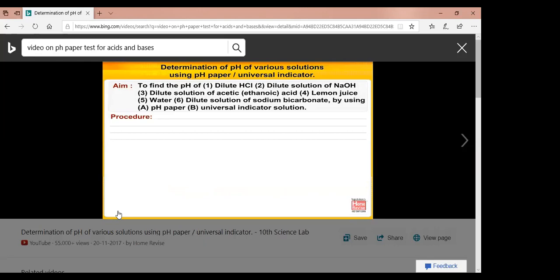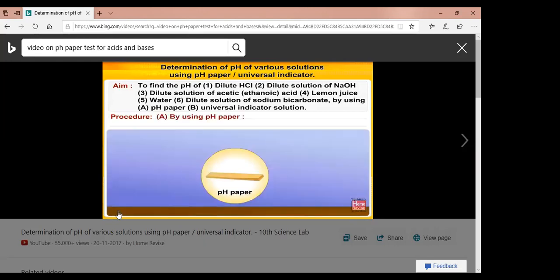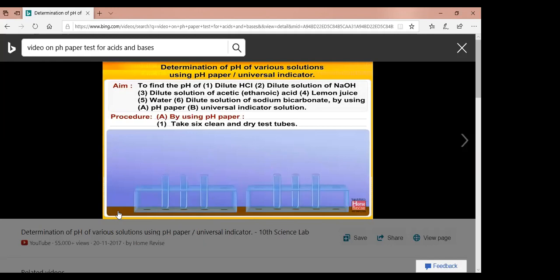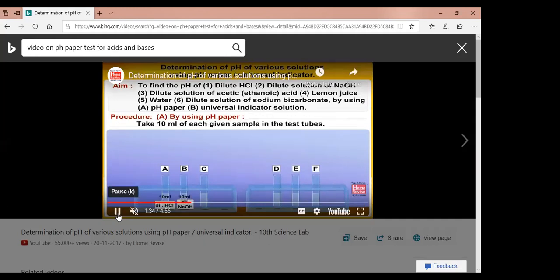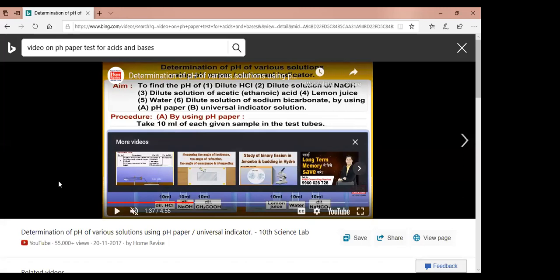Now, the procedure is to take the pH paper, and you first label the test tubes A, B, C, D, E, F and keep them serially, so that when you keep the samples, it is easier for you to identify them. It is very important to keep them in a proper order because most of these solutions are colorless.